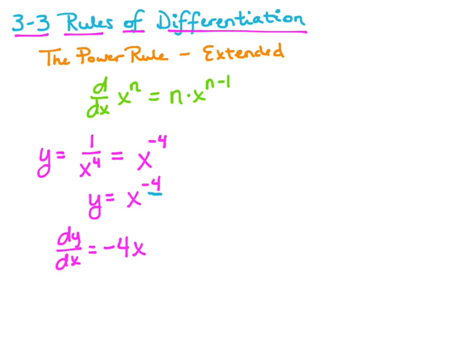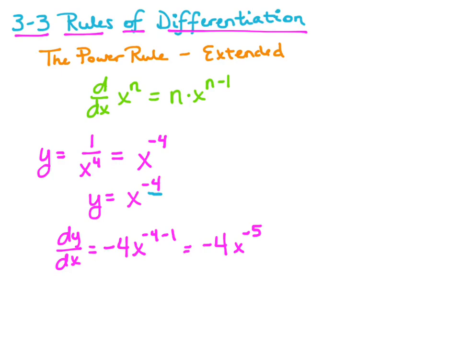But you have to be really careful here because n is a negative number. Negative 4 minus 1 is negative 5, so the derivative is negative 4 times x to the negative 5.